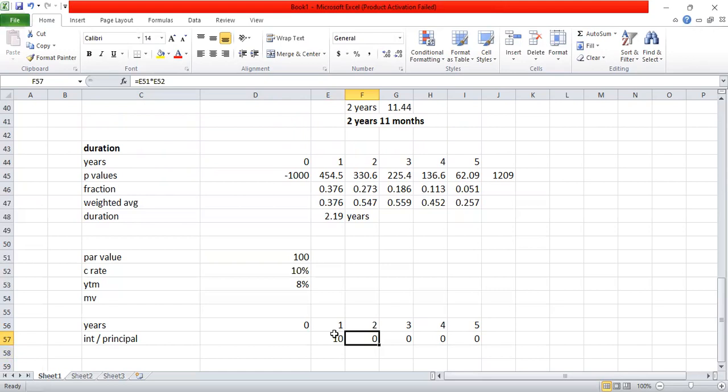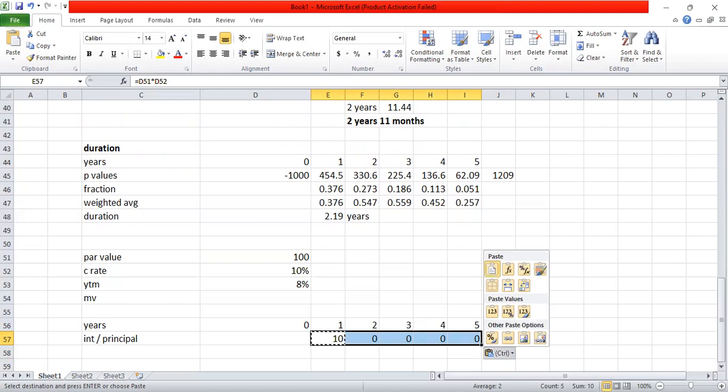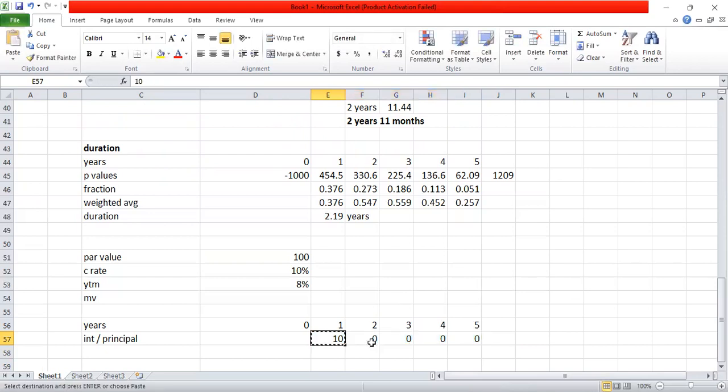So every year you will be having this value. Then, but in the last year, remember guys, you must be having the redemption value as well.